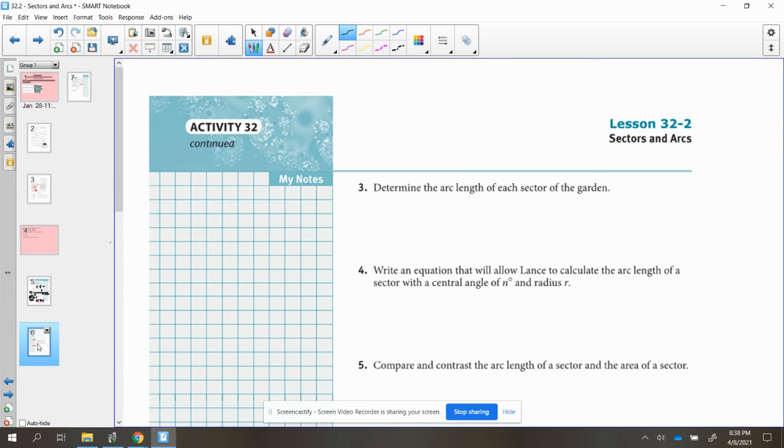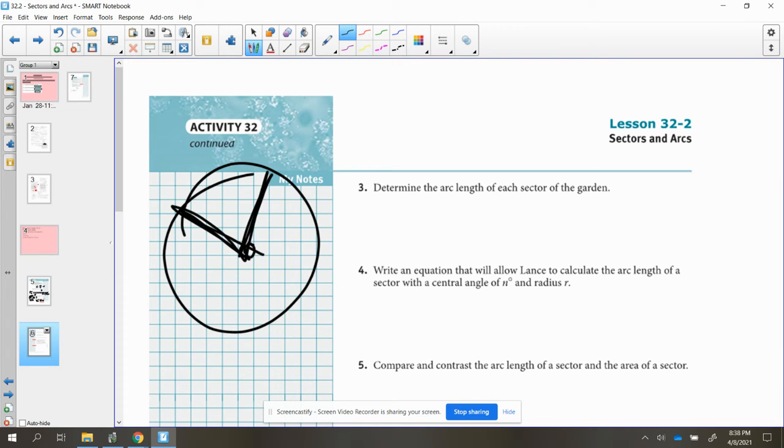Now, just like we took the fractional value of our total area, we can also take the fractional value of our circumference. Think back to what we talked about the other day: the circumference is this entire perimeter around our circle. Well, what if we just wanted a fraction of the circumference? That's what arc length is.